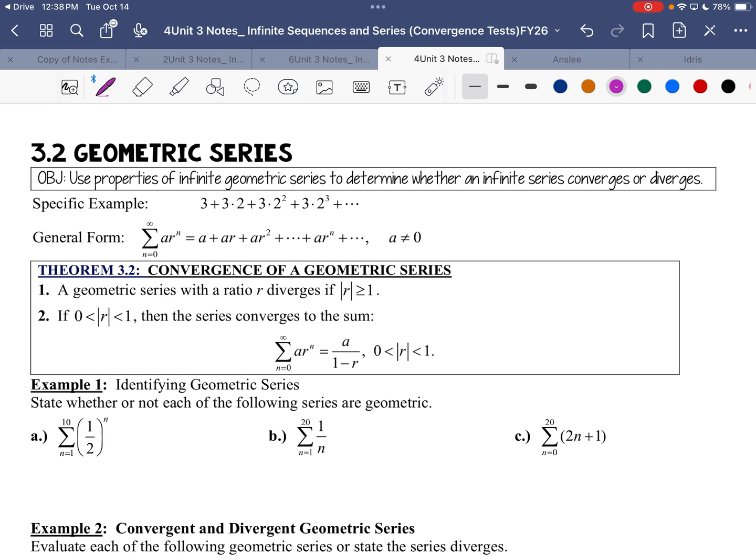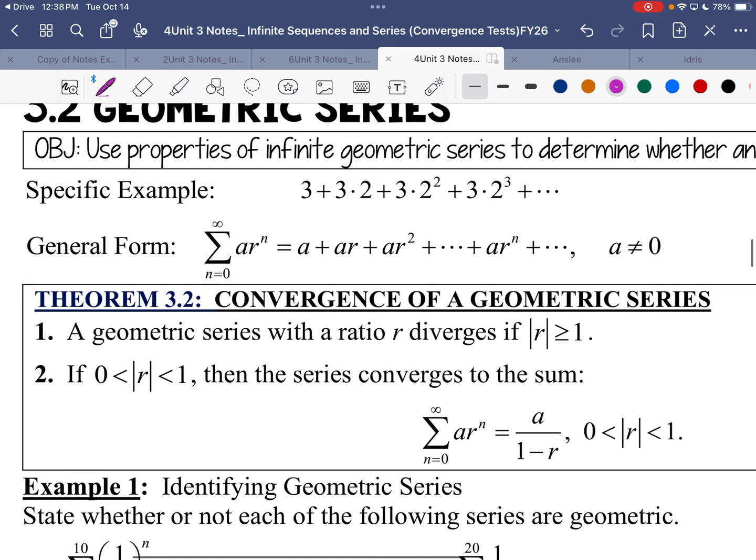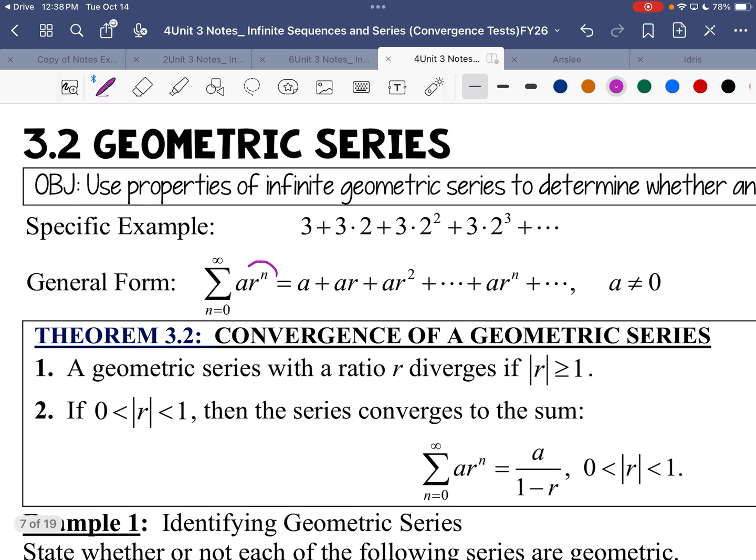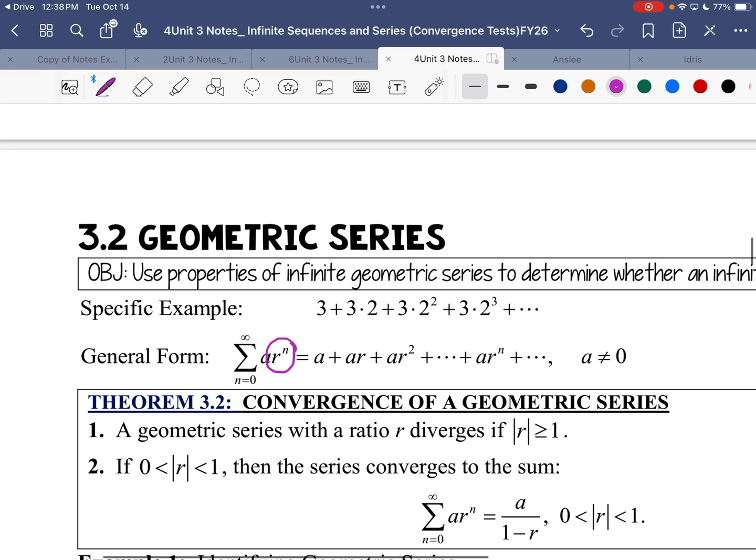Yippee. So geometric series test is, I don't know if calling it a special case is the right word, but it has to be a specific format. So for it to be a geometric series, it has to be a constant raised to a variable exponent, constant to the power of the input.